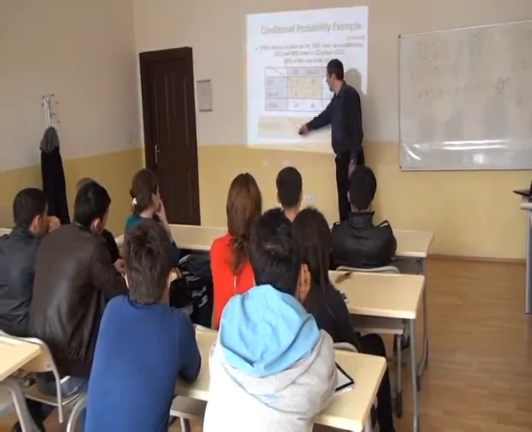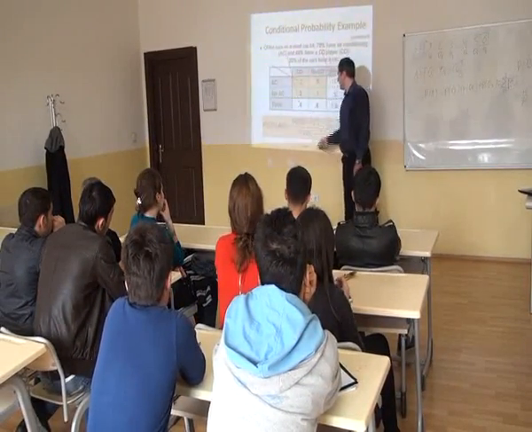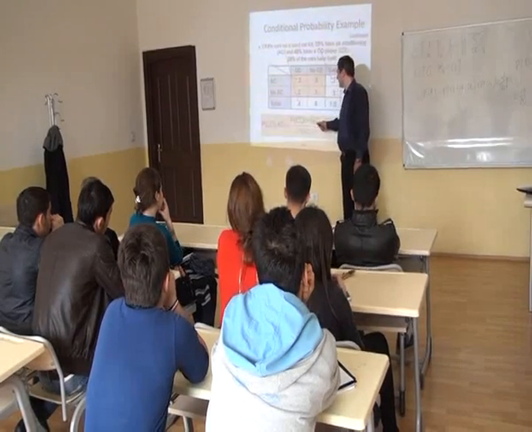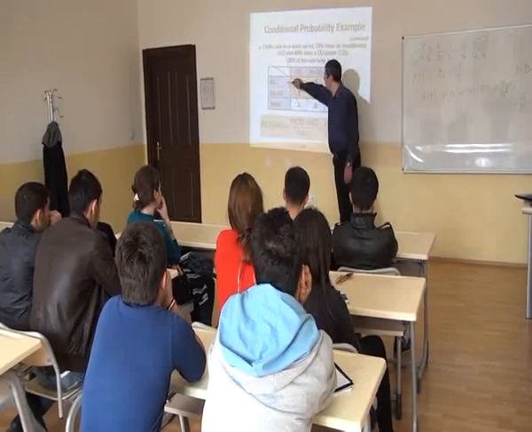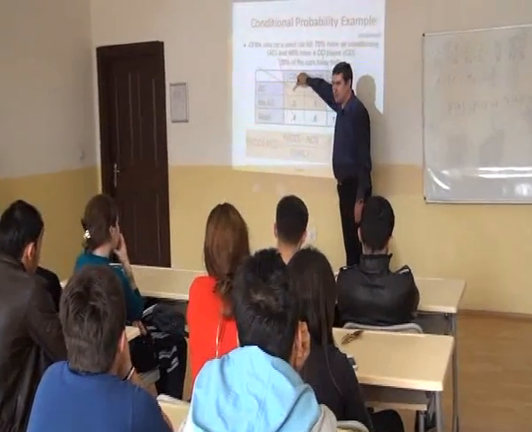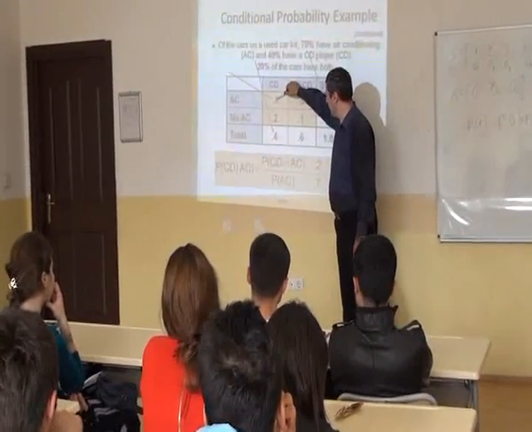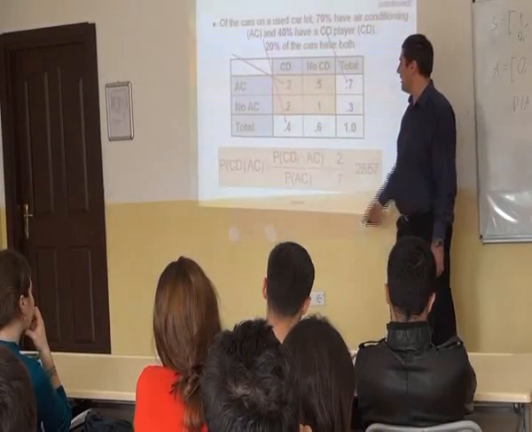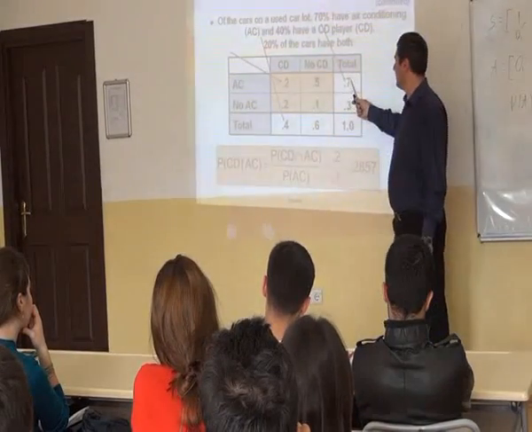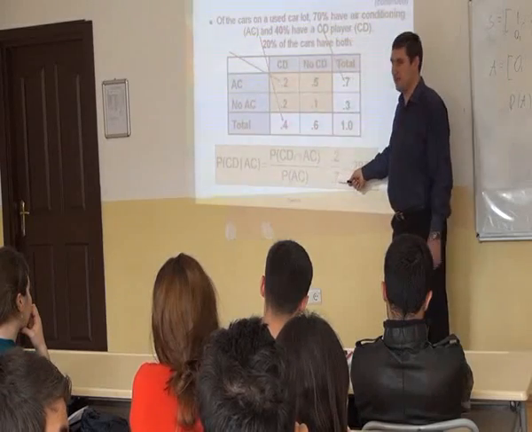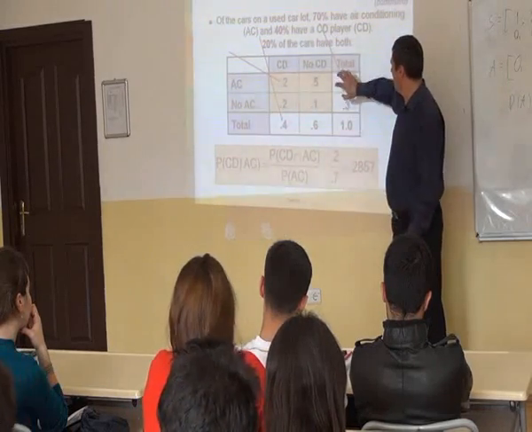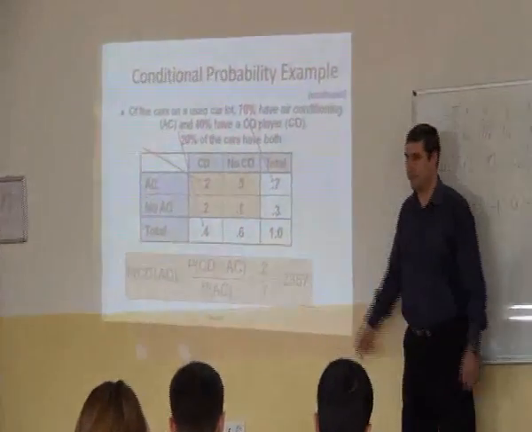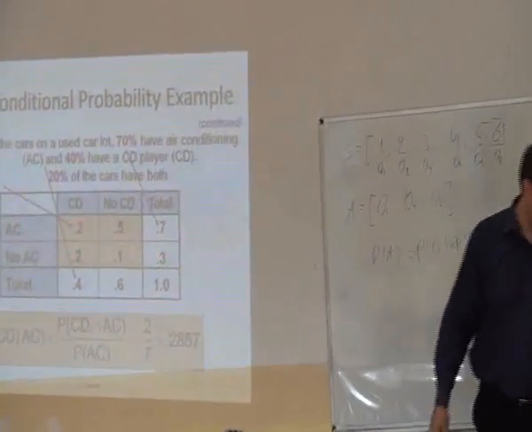Then we need to find the probability that the car has CD players and air conditioners. This is the intersection of these two directions, and this is 0.2. We need to divide it by the probability that the car has an air conditioner, and this is 0.7. So we need to divide this number by this number, and we get the result.